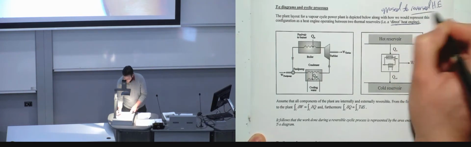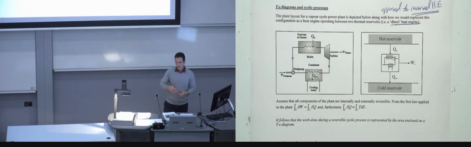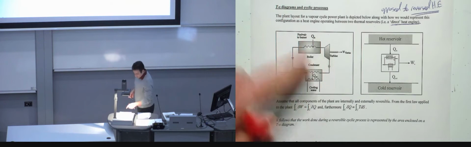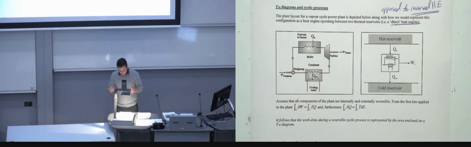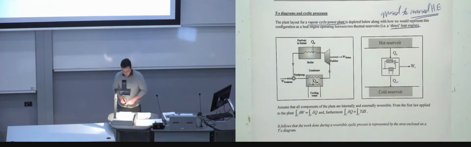Not reversible, reversed, which was the opposite. So if you think about a refrigeration cycle, that is a good example of a reverse heat engine. But what you see here is, for example, what could be a power plant, and it is in fact a vapor cycle power plant.